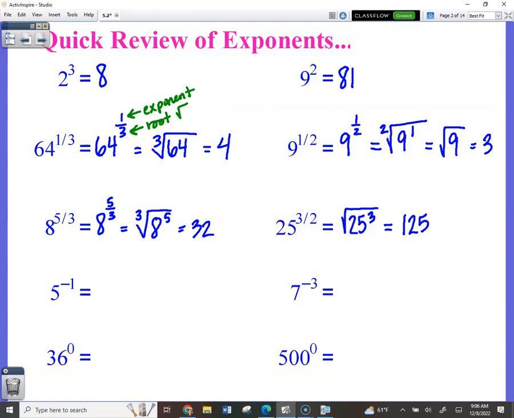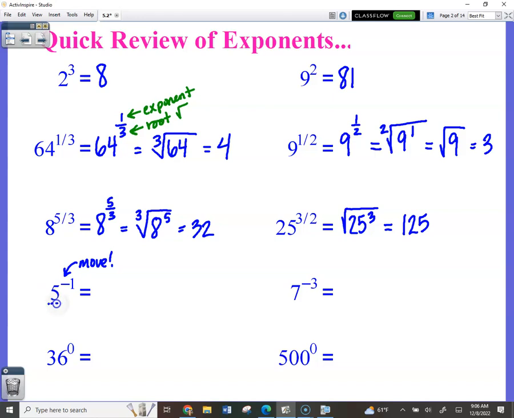Okay, let's refresh you on negative exponents. The negative exponent doesn't actually hold a value. It means you need to take the base and the power and move it to the opposite position of an understood fraction. So right here, 5 is to the negative 1 power. This means move it. And you might say, where are you moving it to?